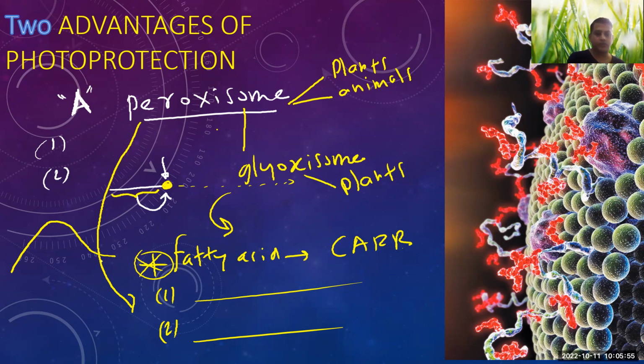Okay, so this has two functions. One is that it can neutralize peroxide, sorry, detoxify hydrogen peroxide. Second, it is important in photorespiration.